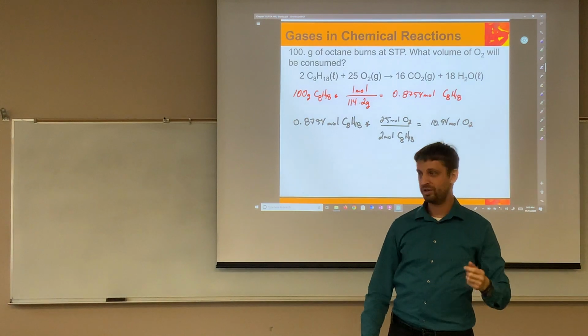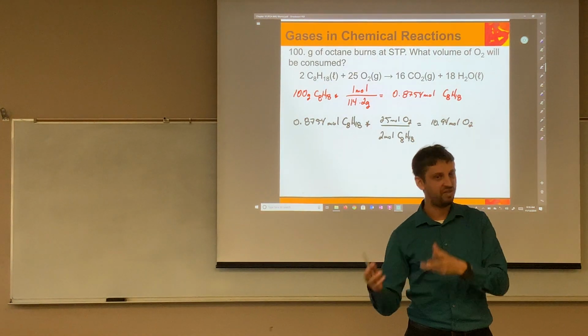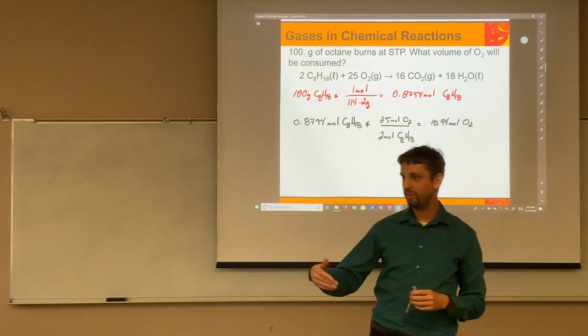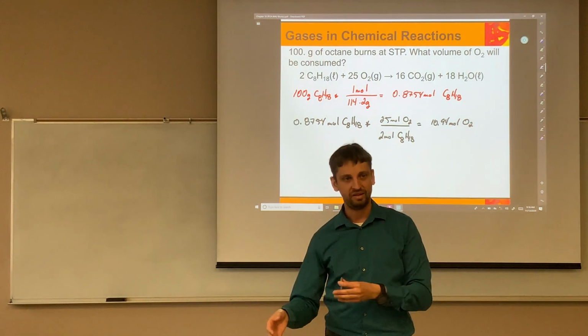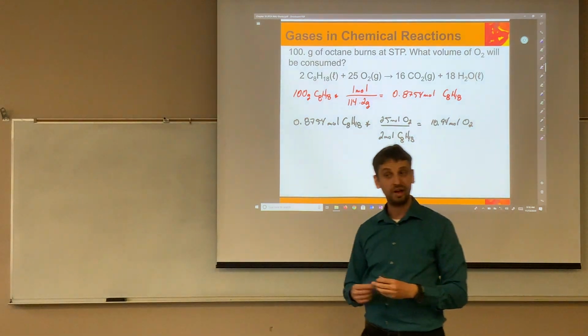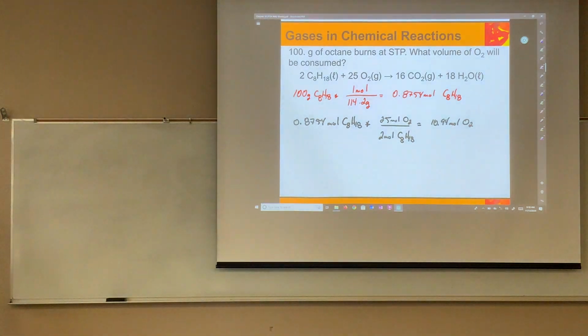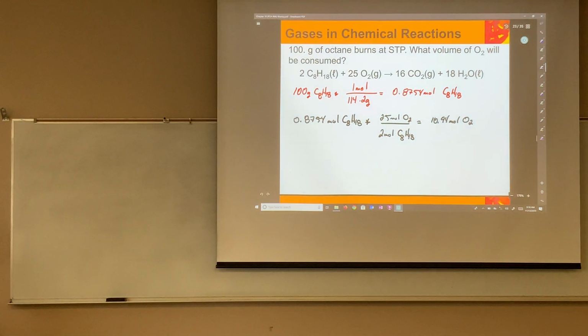I did give you temperature and pressure information though. That's just what STP says, so I'm simplifying the math for you. But there are some problems in the book where they don't say it's STP. You approach it the exact same way, but you plug it into your ideal gas law equation. Don't get confused just because they throw a lot of numbers at you. Take it piece by piece. Eat the elephant, right?